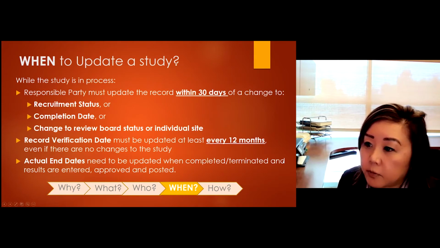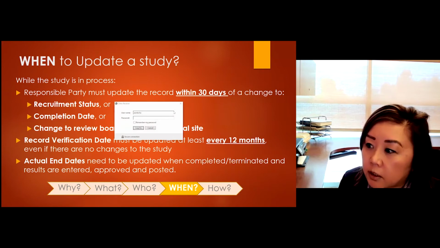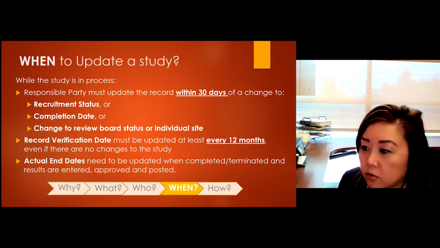And so when to update the study? While the study is in process, responsible parties must update their study records within 30 days of a change to recruitment status, to a completion date, a change to review board status or an individual site. And then also the record verification date must be updated at least every 12 months, even if there's no changes to the study.